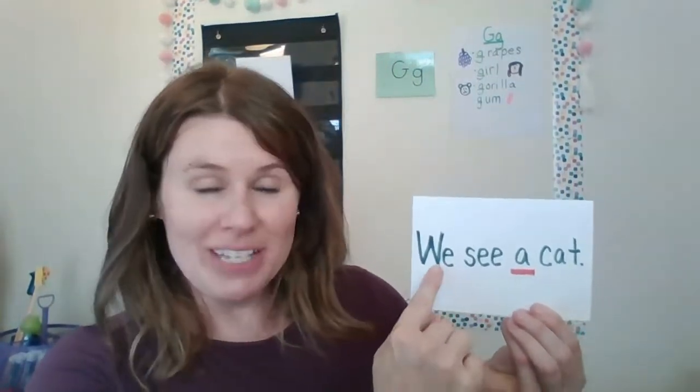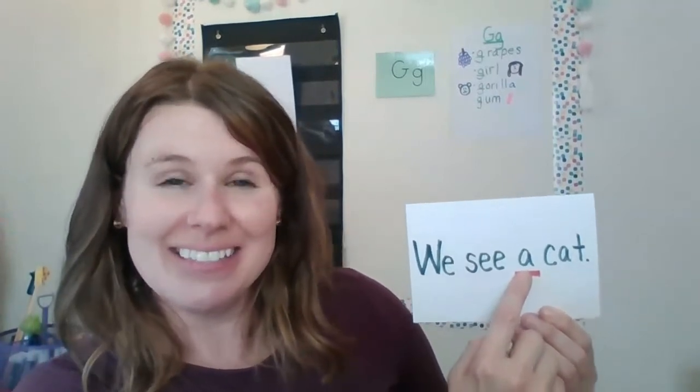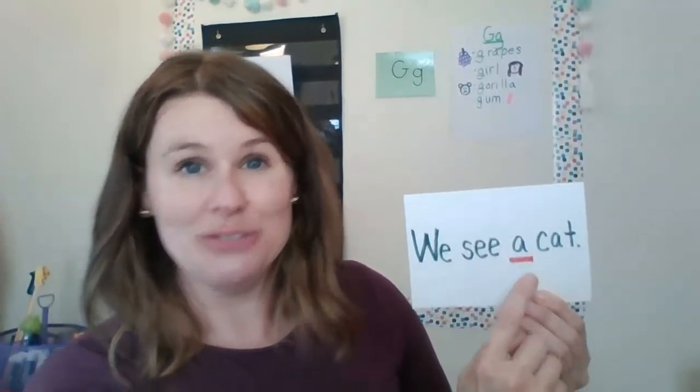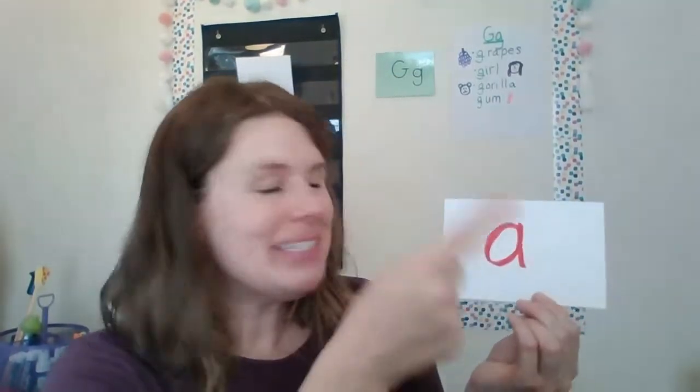Our new word is in this sentence. This sentence says, we see a cat. The word that's underlined is the word a. That's going to be our other new red word for this week. And I know what you're thinking. You're thinking, Miss S, that's a letter that makes the sound a and makes the long sound a. And you're right, it is a letter.